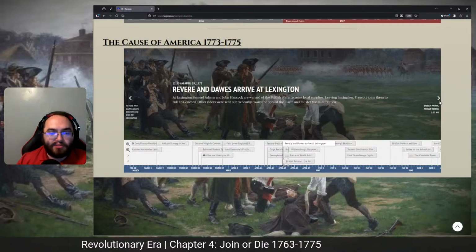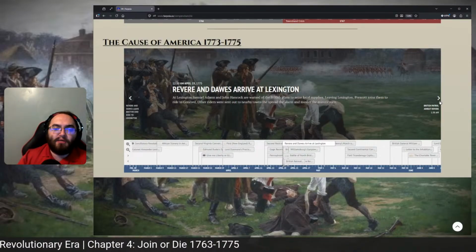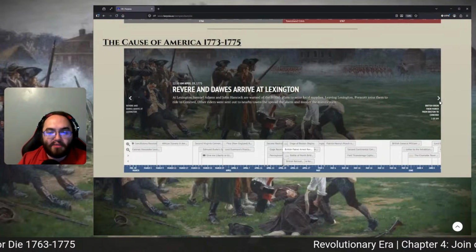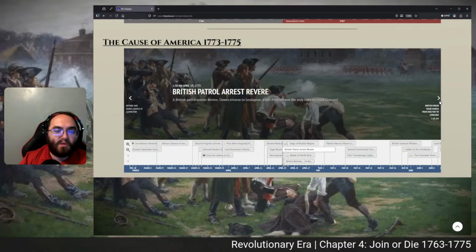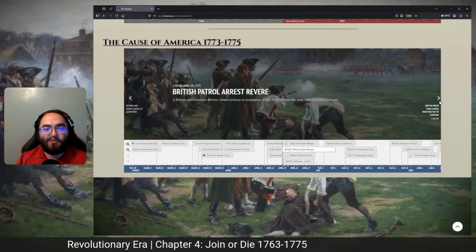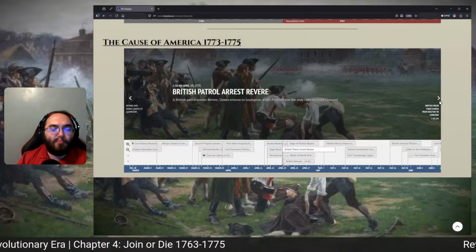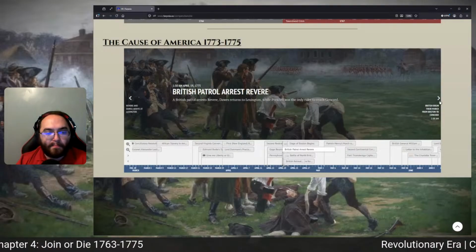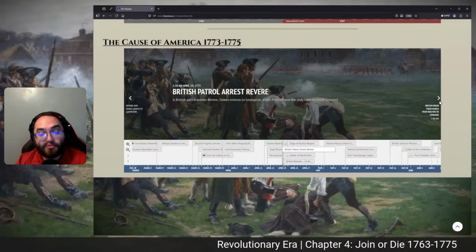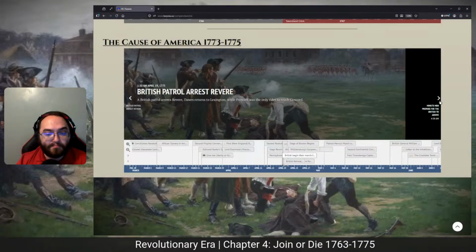Other riders were sent out to nearby towns to spread the alarm and muster the Minutemen. Around 1:30 a.m., these aren't exact times, a British patrol arrests Paul Revere. Dawes returns to Lexington, while Prescott was the only rider to reach Concord.